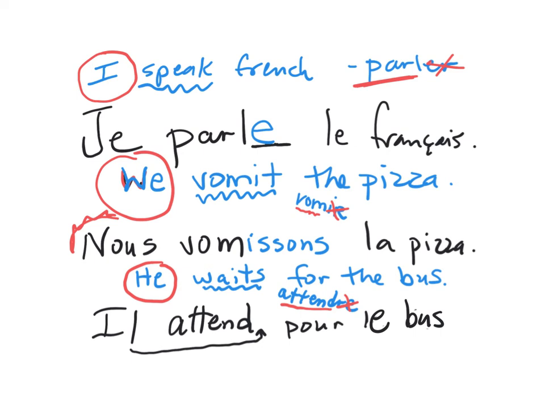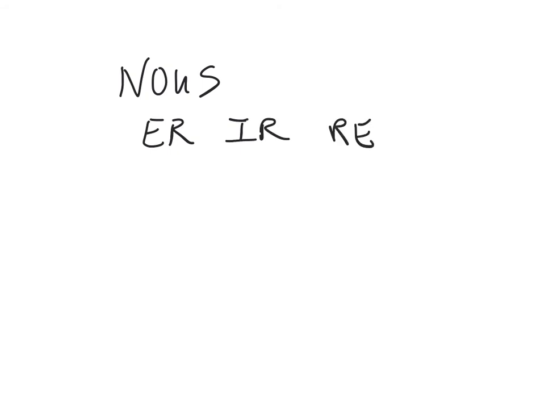So one more thing I just wanted to make you aware of. The nous form. Go back to your chart. And I believe you have the chart for ER, IR, and RE down if you actually did what I needed you to do.